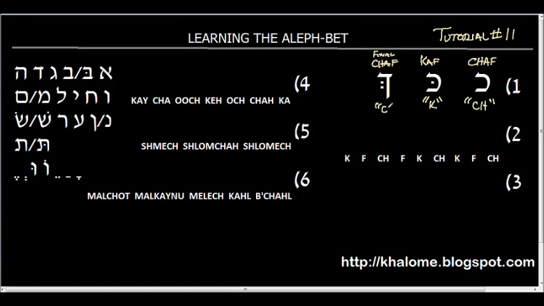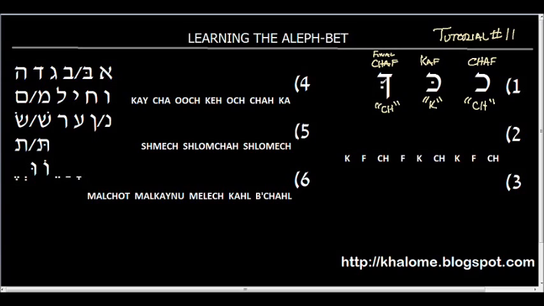Although we have a silent shva next to it, you wouldn't put a dagesh in here to make this a hard K sound, at least I'm not aware of it.